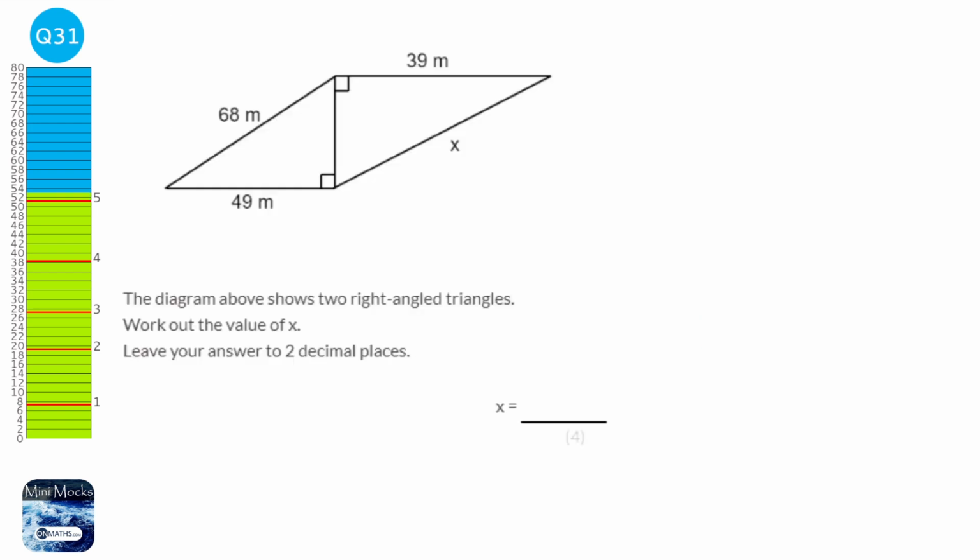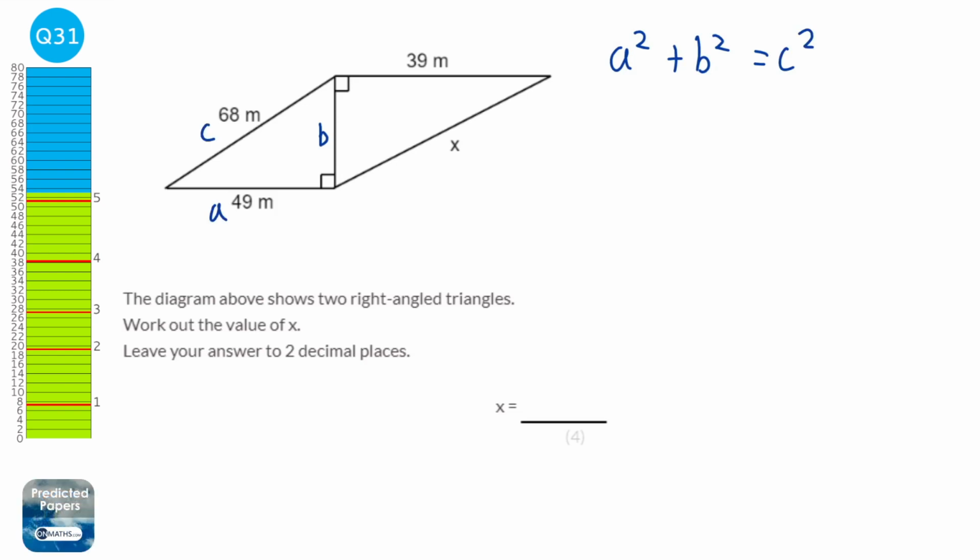We can't work out what x is straight away, but we can find this value here. And we know with Pythagoras we can find a third length if we've got the other two in a right angle triangle. So a squared plus b squared equals c squared. And a and b were labelled.